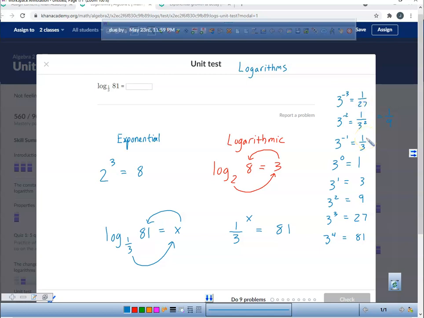I want you to see the pattern so your brain understands how negative exponents work.